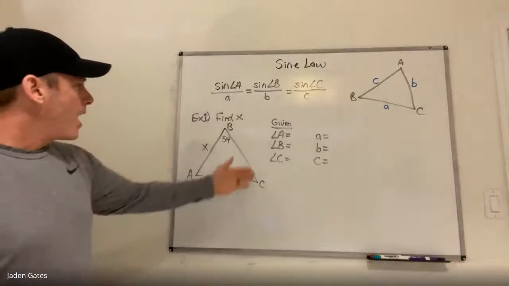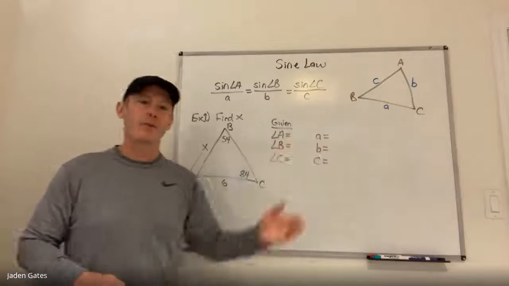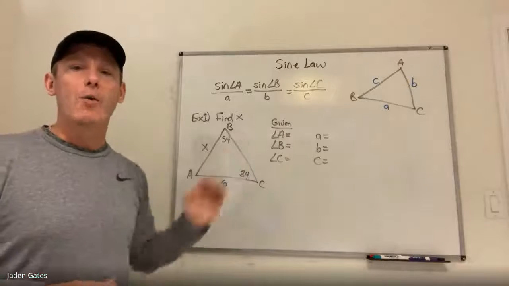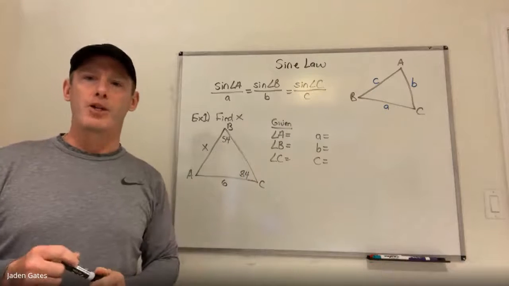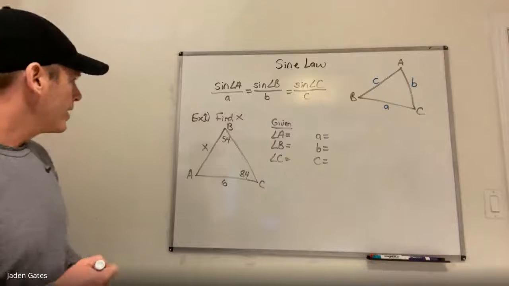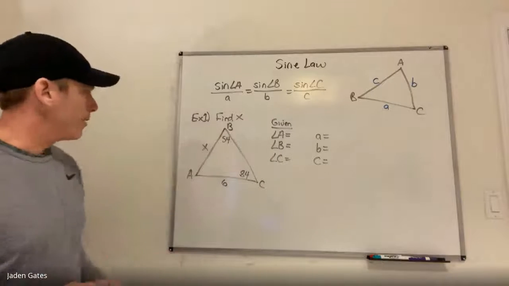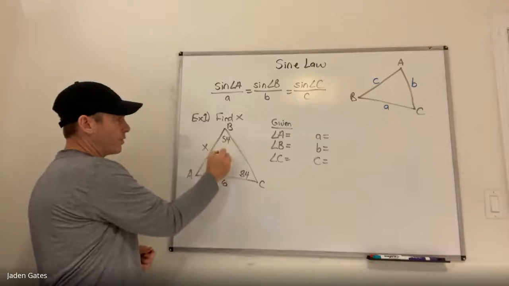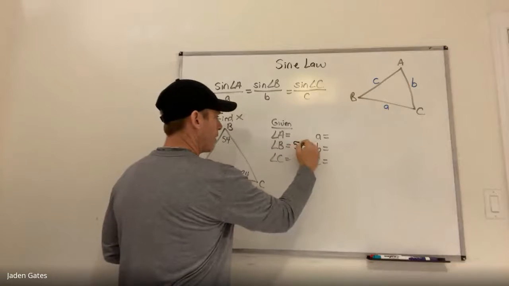Example one. I wrote down my givens. Again, that is my first step in just about every math problem there is: write down what information I know and what information I am trying to find out. When I look at my diagram, some of the simple stuff to write down is the angles. Angle B is 54.